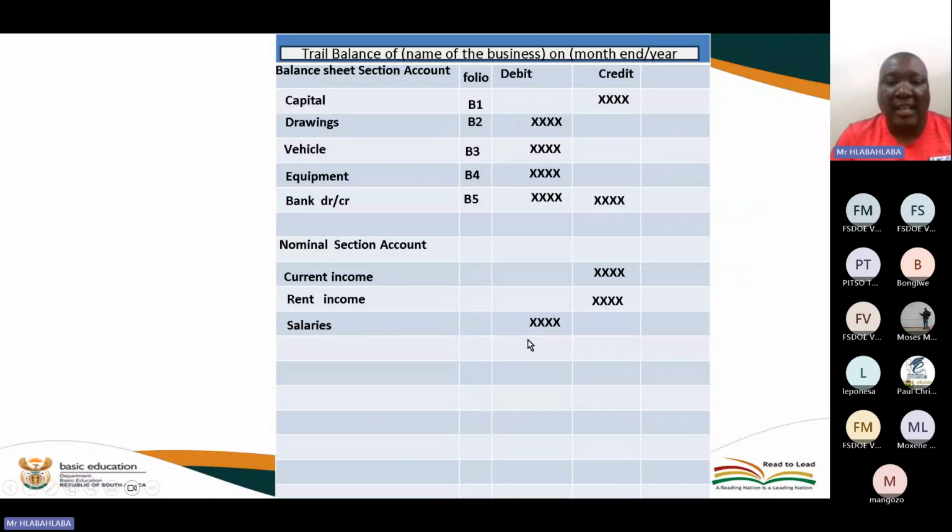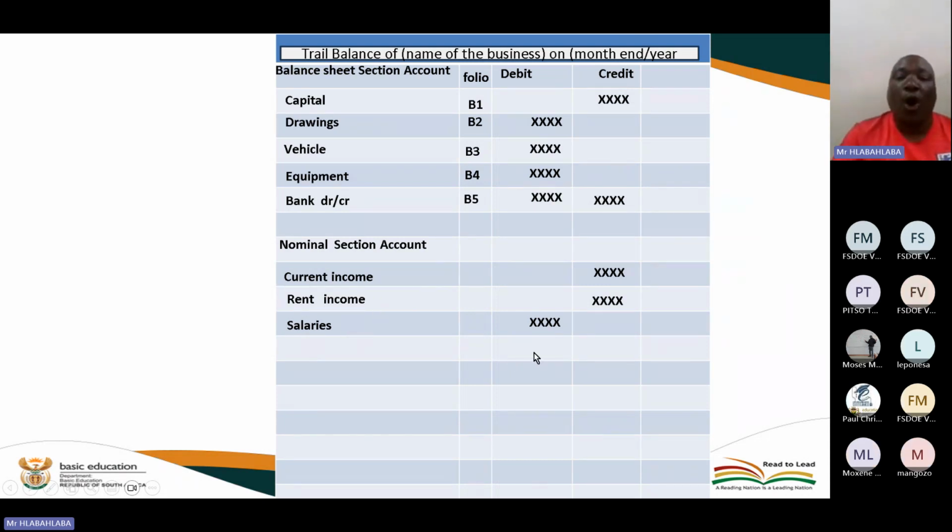You can take it simply like this: current income and rent income, because they are income, will go to the credit side. These are the only two accounts that will go to the credit side under the nominal section. The remaining ones, all of them will go to the debit side.